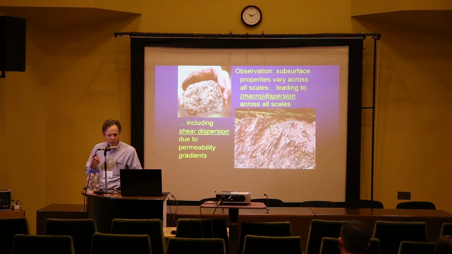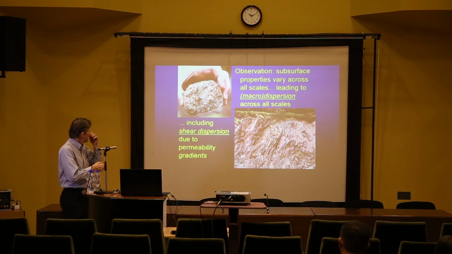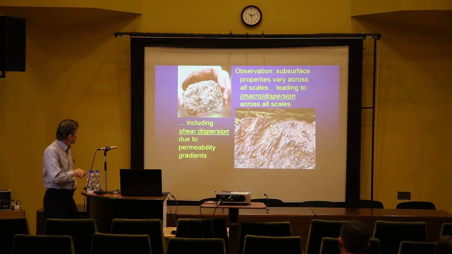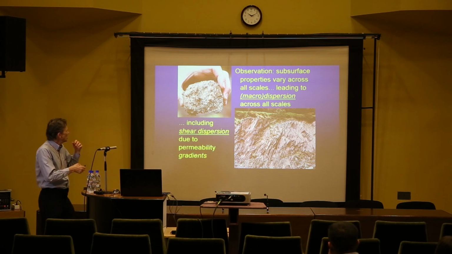Now, the thing we know about the physical environment that water flows in is that it's heterogeneous on all scales. If we hold a block of soil in our hands, we can see the macropores. Right? If we look at the scale of a profile, we see all kinds of heterogeneity. We see vertical structure, and then we see within that vertical structure fast paths and slow paths.